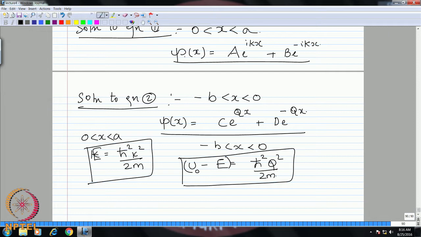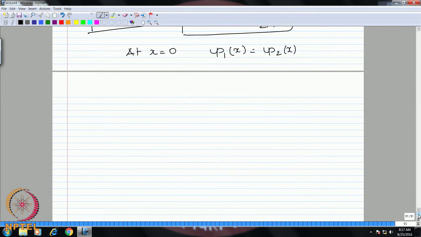So, you can call this psi 1 and psi 2, in fact. Therefore, at x equal to 0 you can apply psi 1 of x should be equal to psi 2 of x, and so are their derivatives: psi 1 prime should be equal to psi 2 prime.